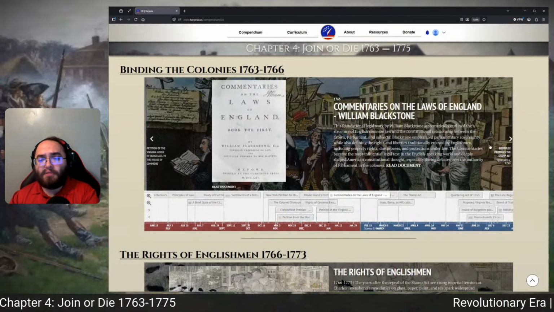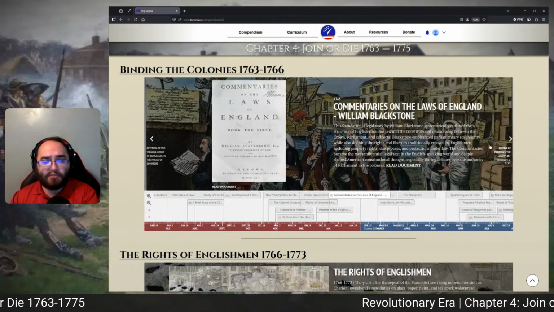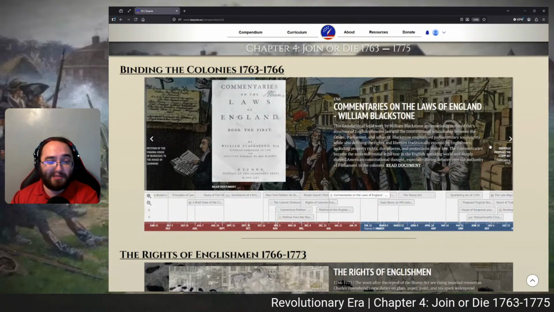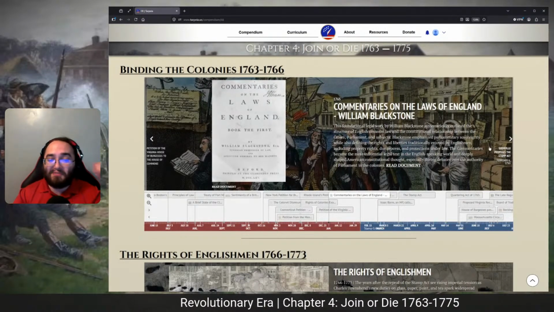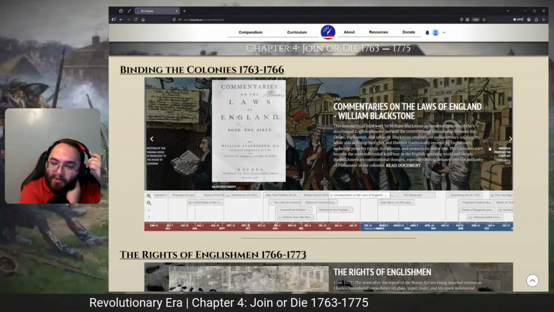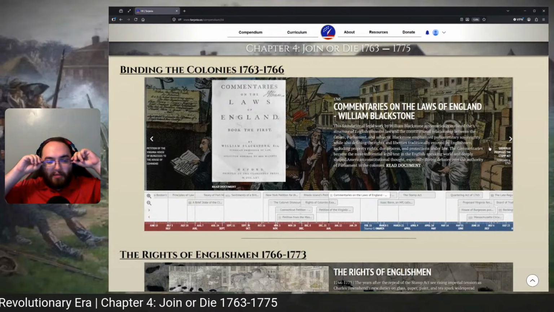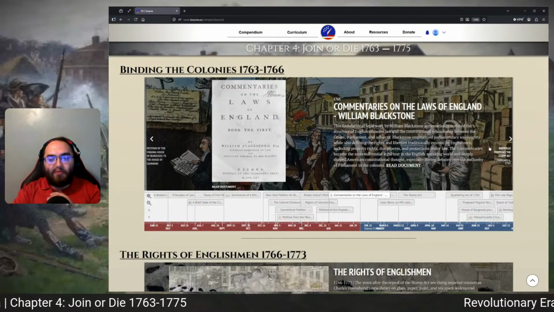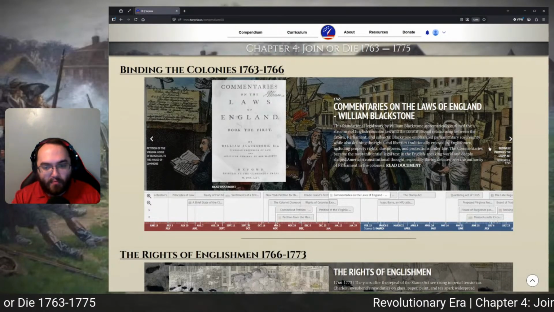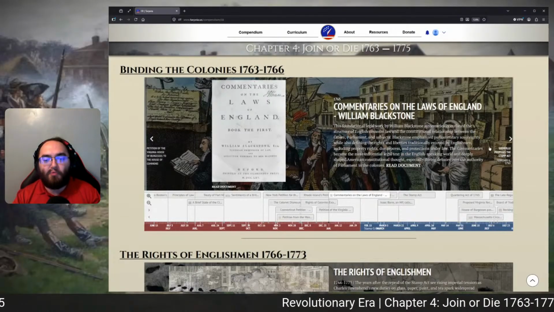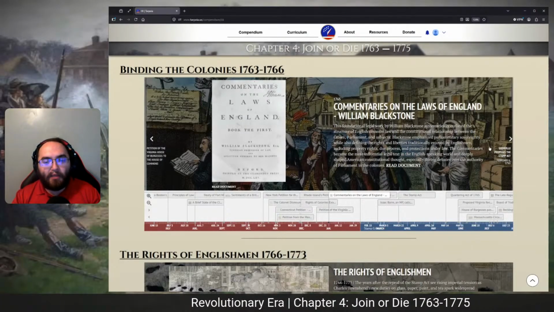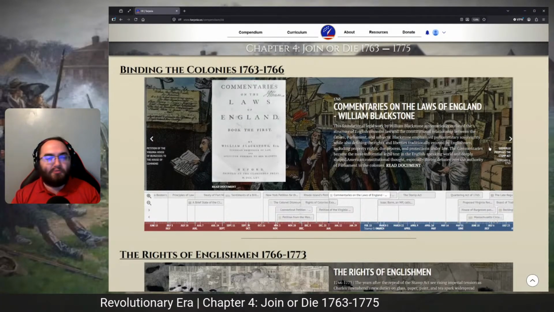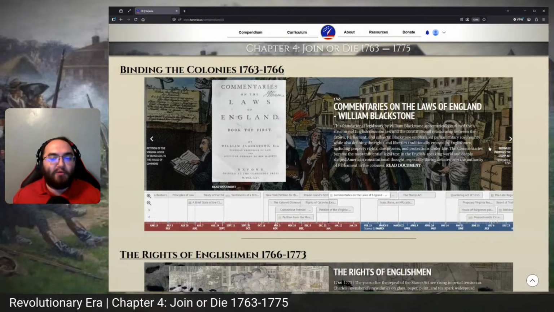Now you have the Commentaries on the Laws of England. This is a very important document. It's written by William Blackstone, and it is going to be very influential when it comes to the rights of Englishmen and just British law in general.